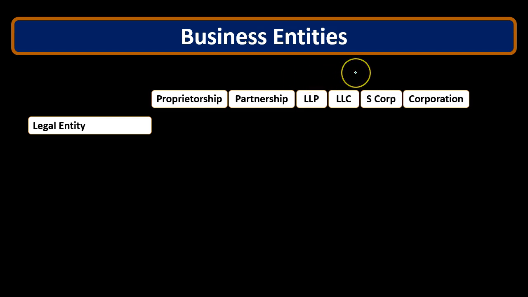The S corporation is another attempt to have partnership and corporation type of characteristics, but leans a little bit more towards the corporation type of entity, but still has that flow-through process for the income to flow through to the individual, eliminating the double taxation.